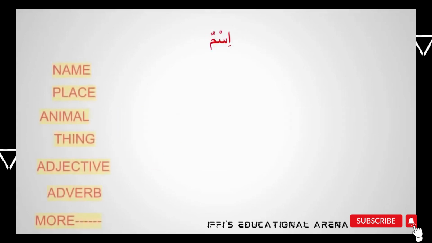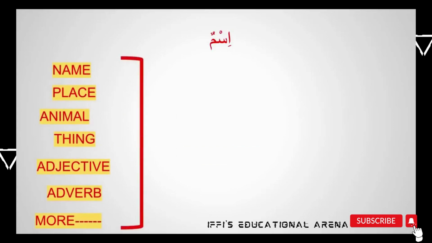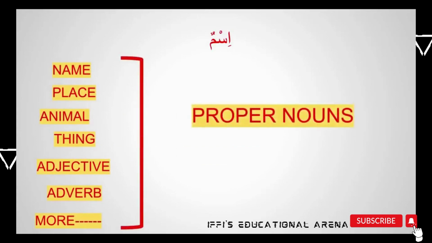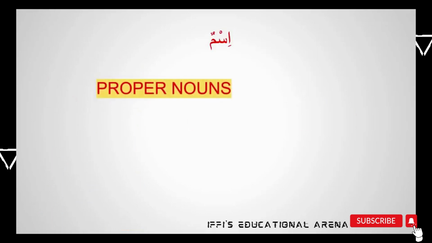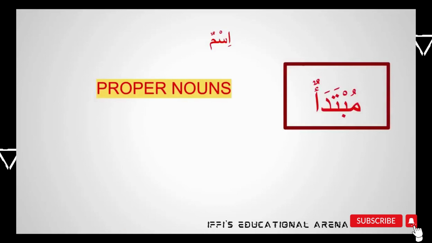So what are these words called? All these things can be put together and they are called proper nouns. So when you see these proper nouns at the front of a sentence, then you know that is a Mubtada. What are the other ways that can be a Mubtada in a sentence?